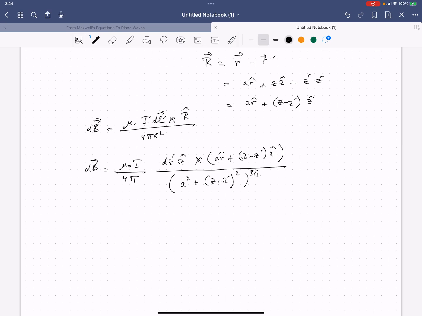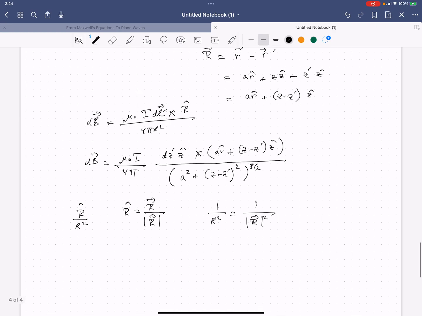Okay, so how did I come up with this? Well, I want to figure out R hat over R squared. So R hat is the vector R over the amplitude of the vector R. That's the definition of capital R hat. And 1 over R squared is the amplitude of the vector R squared.